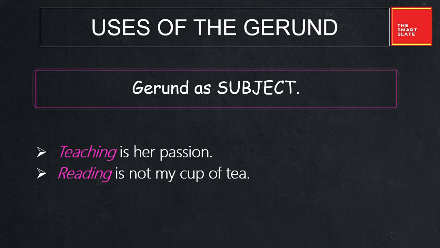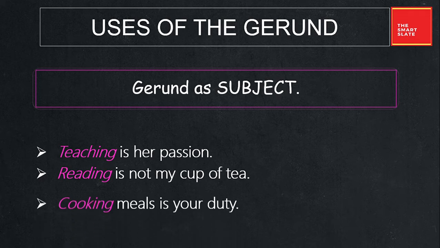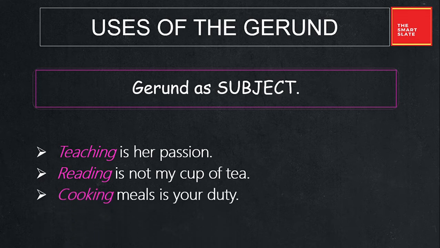Reading is not my cup of tea. So reading here is the gerund as subject. Cooking meals is your duty. So cooking meals is the subject here, but cooking is the gerund which is acting like a subject. So the gerunds as subject here are teaching, reading, and cooking.